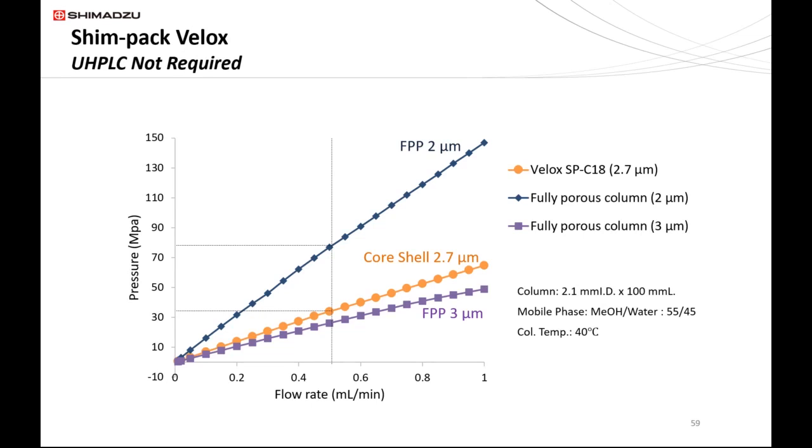The high column back pressure associated with a smaller 2-micron particle size column will require the use of a UHPLC system. But with the core shell column, the same efficiency can be achieved using a larger 2.7 micron particle size column, which gives a lower back pressure that is manageable on a normal HPLC system.